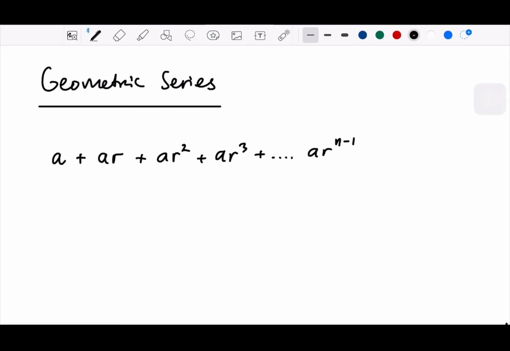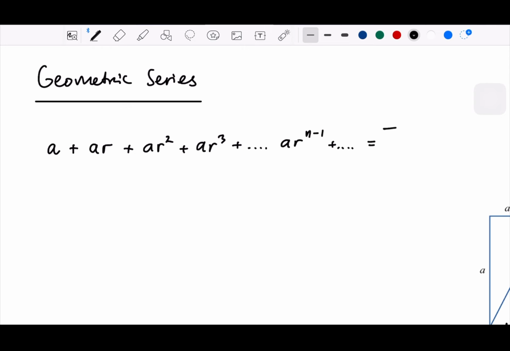Okay. And we could take this in a sum, and then we need to make sure that A is not equal to 0, and R we call the common ratio.